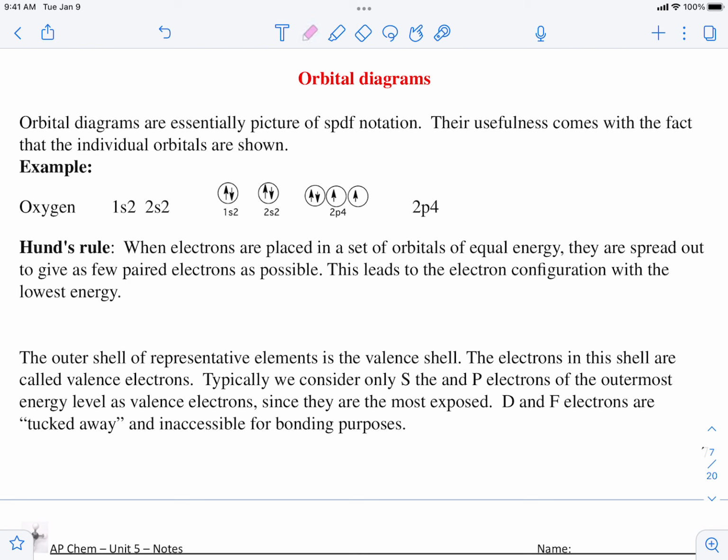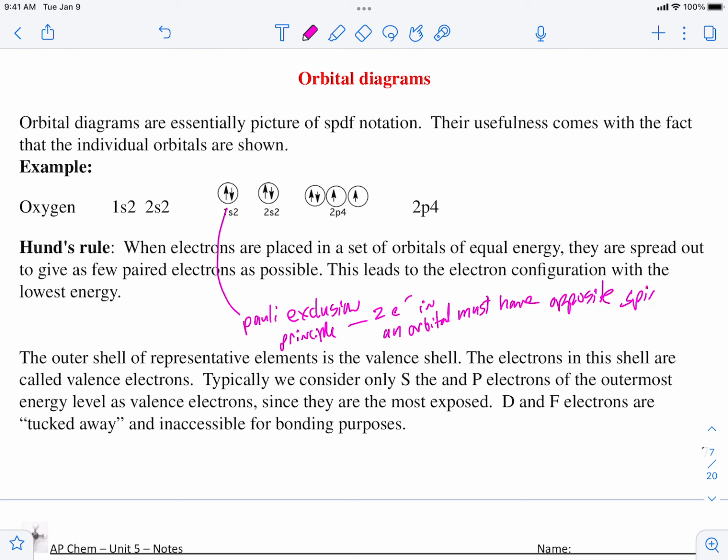That's what we call the Pauli exclusion principle. They must have opposite spin.